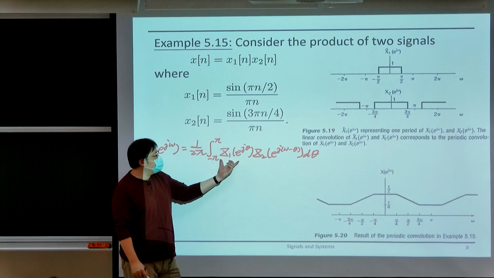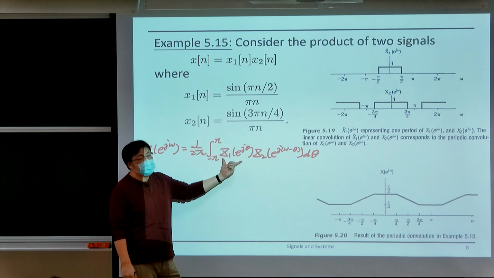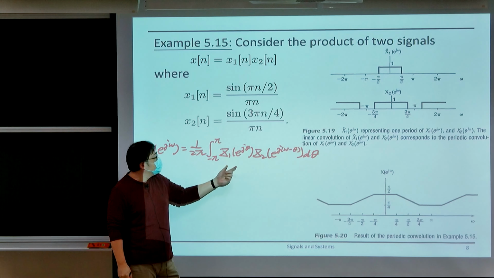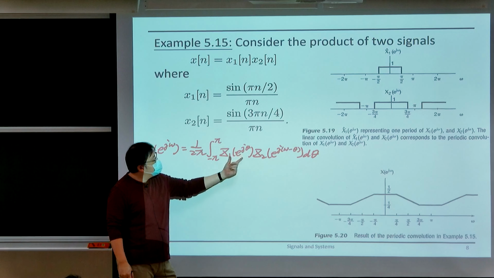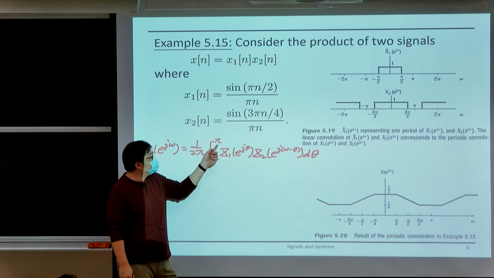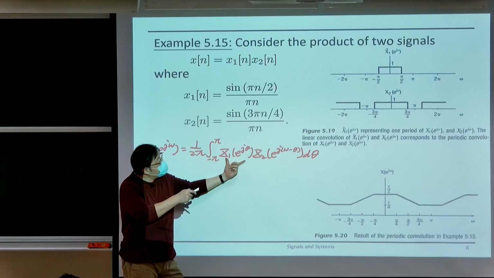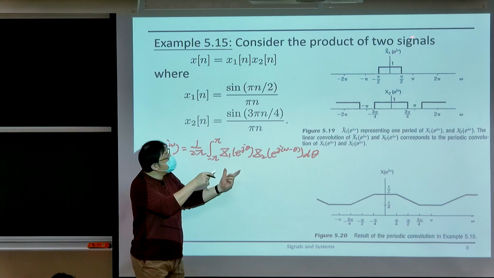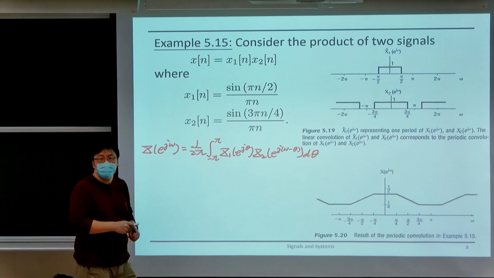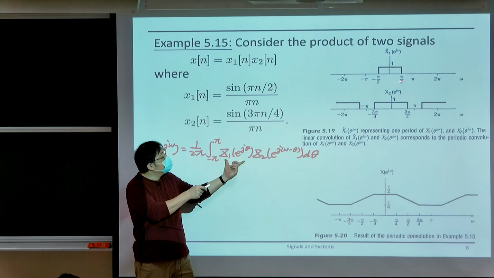Like I mentioned before, x1 is periodic, it should repeat every integer multiple of 2 pi. But since we're integrating only over one period of theta, from minus pi to pi, we can actually just limit ourselves to looking at a single period. So I can replace x1 with this x1 hat.